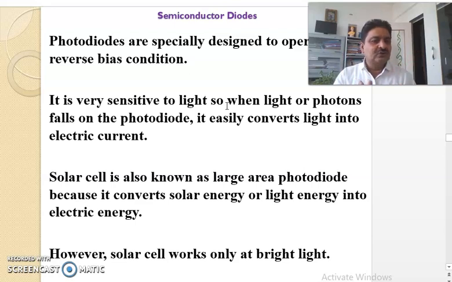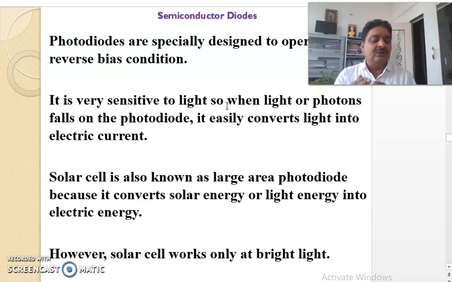Solar cell is also known as a large area photodiode because solar cells function in the same way: they convert solar energy or light energy into electric energy. Photodiode is going to function the same.